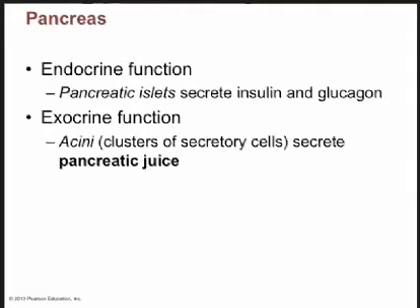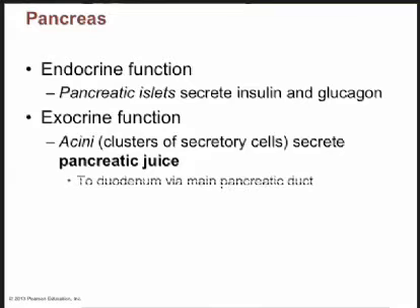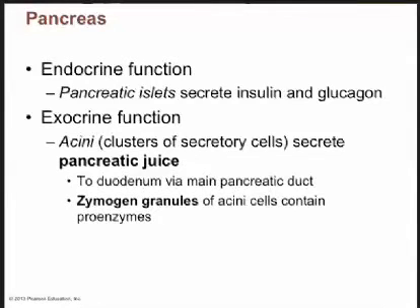Its exocrine function, however, is to secrete pancreatic juice, and the cells that do that are called acini, and they're histologically distinct from the islet cells that secrete the insulin and glucagon. These components are relayed to the duodenum through the main pancreatic duct, and the zymogen granules of the acini contain proenzymes, which are essentially inactive forms of these powerful digestive enzymes.